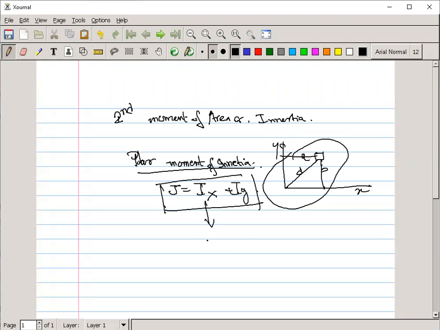Here I of x is the integration of y squared dA, and I of y is the integration of x squared dA. This thing I discussed in the last class, and this is the polar moment of inertia, or we can say the perpendicular axis theorem.